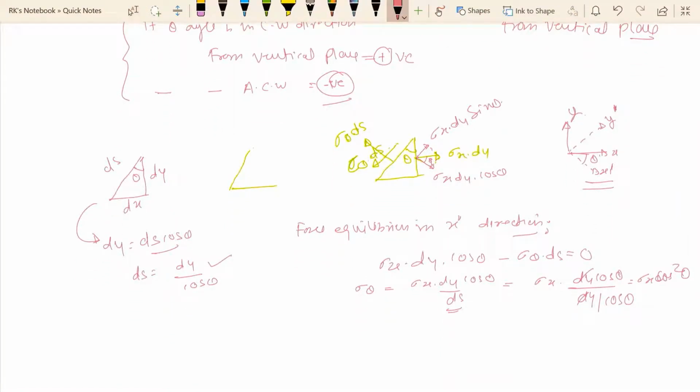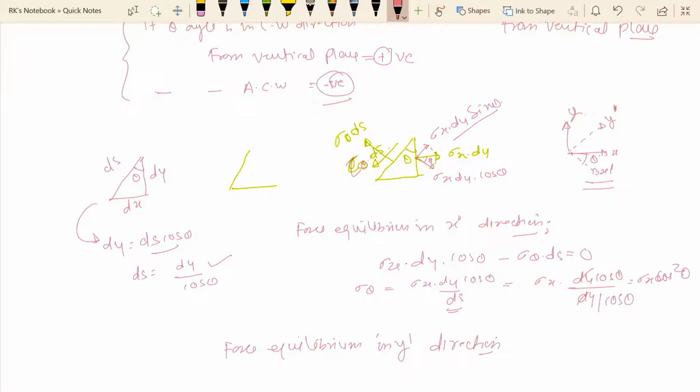In this direction there are two forces, one is sigma x dy sin theta, and the second is tau theta into ds. So we write the force equilibrium in the y prime direction.